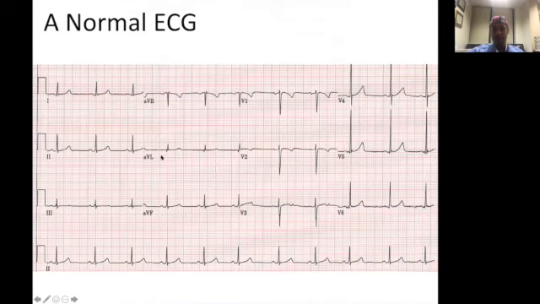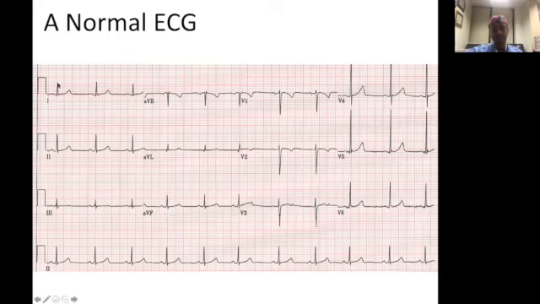We have AVR, AVL, AVF, and then the precordial leads, V1 through V6. Okay. So really, EKG is all about pattern recognition. And once we learn what a normal EKG looks like, when something abnormal comes, we'll be able to pick it up.